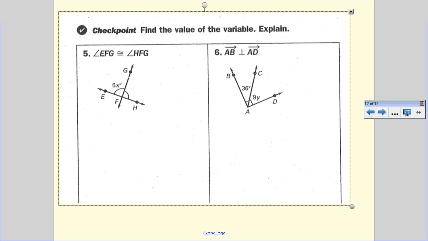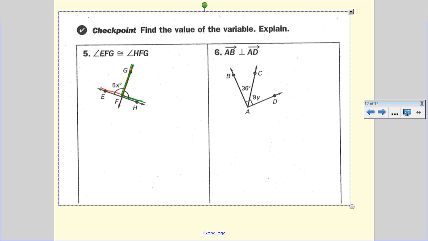All right, find the value of the variable and explain. I know that EFG is congruent to HFG. We know that they're congruent.